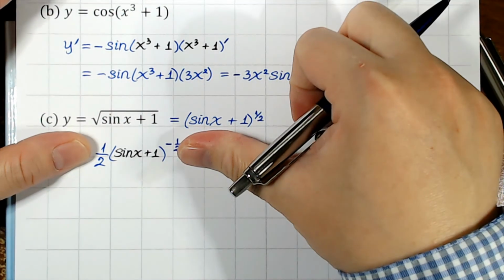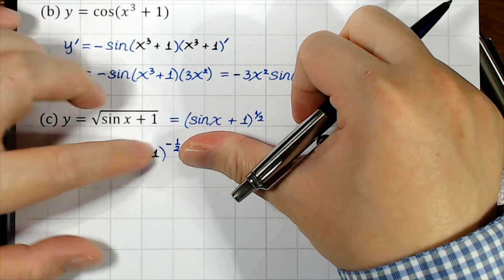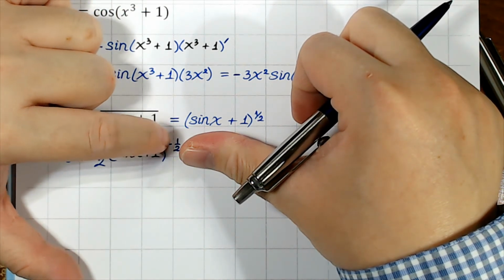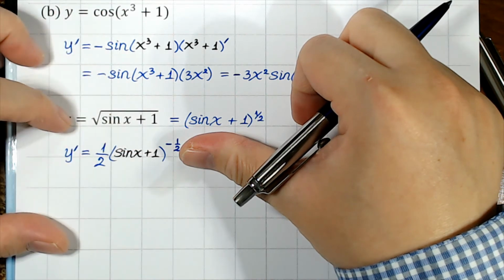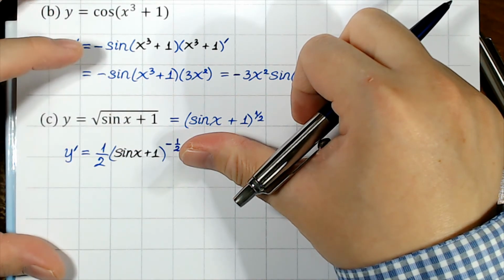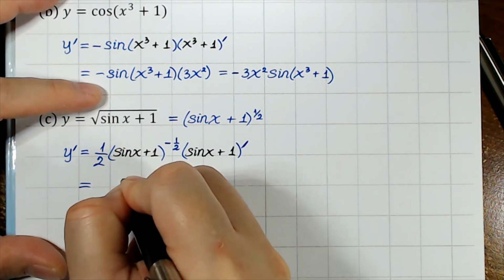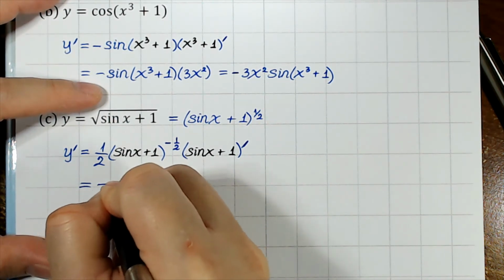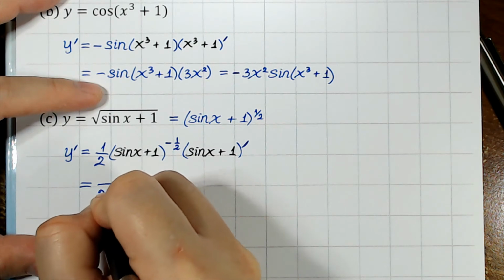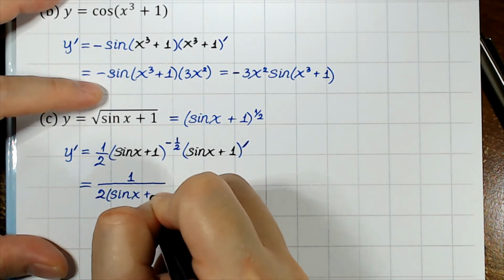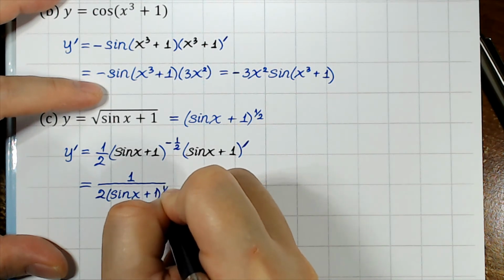Of course this doesn't have a derivative, so we don't do anything with it, except the negative 1/2 power. It would be nice if we bring it down to the denominator, so we don't have the negative exponent anymore. So we have 1 on top, and the bottom we have 2 times (sine x plus 1) to the 1/2.